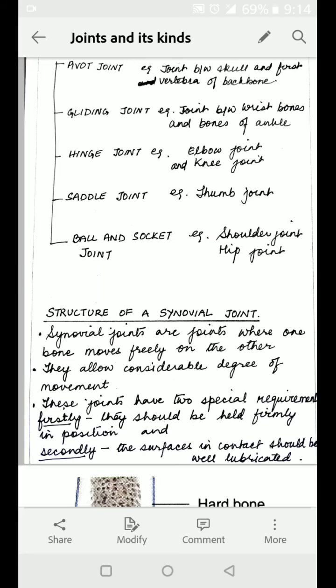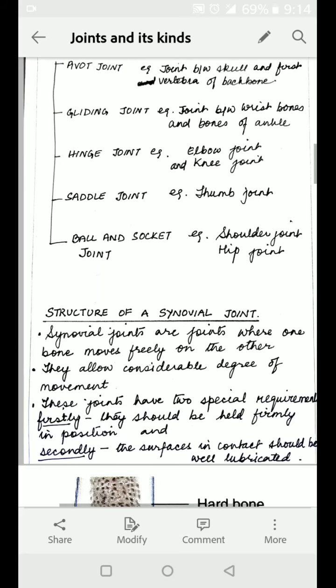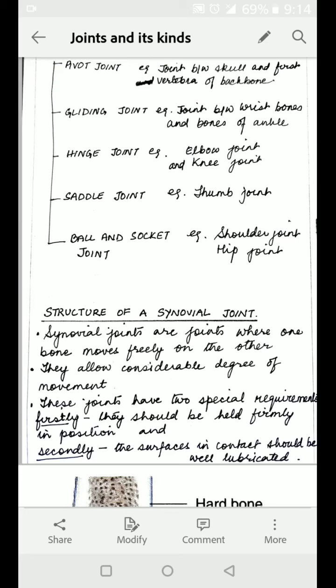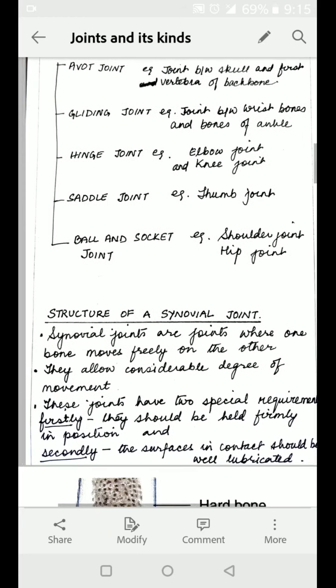The lubricating fluid is called the synovial fluid, because of which the joint is called a synovial joint. The knee joint is a good example of a synovial joint.